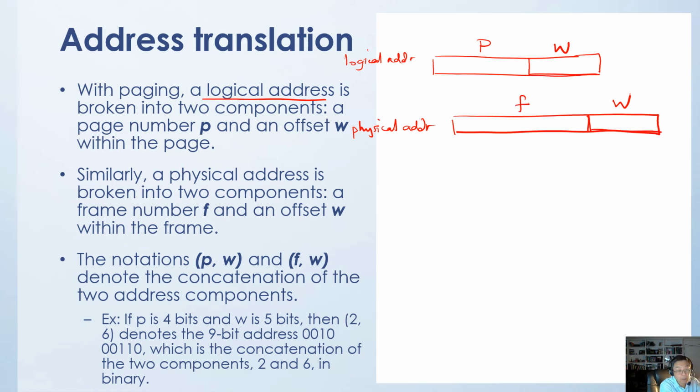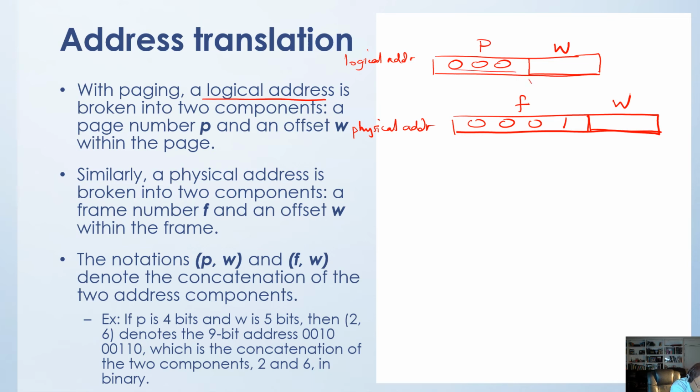In the previous example, the page number can be represented using 3 bits, and the frame number uses 4 bits. So if in the page table, page number 000 maps to frame number 0001, then we can do the mapping accordingly.